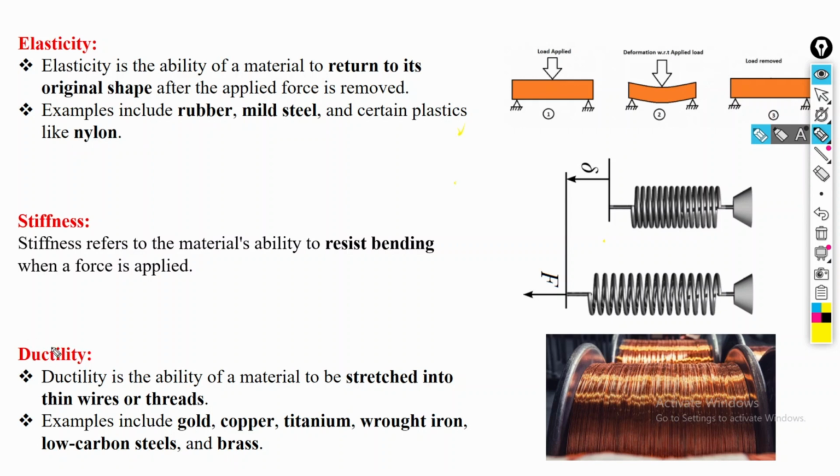Ductility, on the other hand, is the ability of the solid material to be stretched into thin wires or threads. So if we apply the external force on such material, then its length increases, due to which it can be converted into any other shape you want.